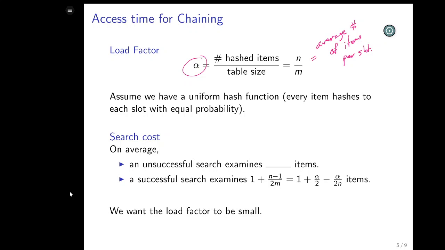And in addition, we have this amazing uniform hash function, which means it's equally likely to hash any key to any one of the slots, which is an assumption that's not realistic, but we're going to make it just to get an idea of how the performance degrades. What is the cost of doing an unsuccessful search into a hash table with load factor alpha?